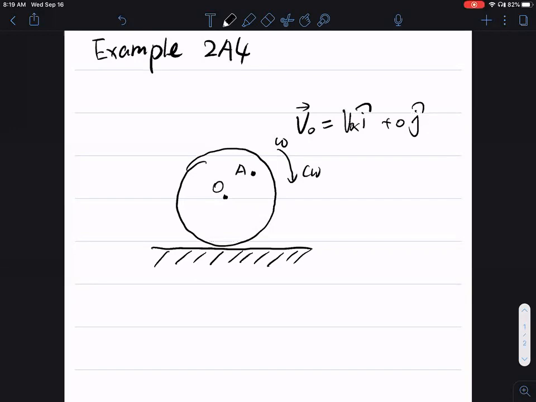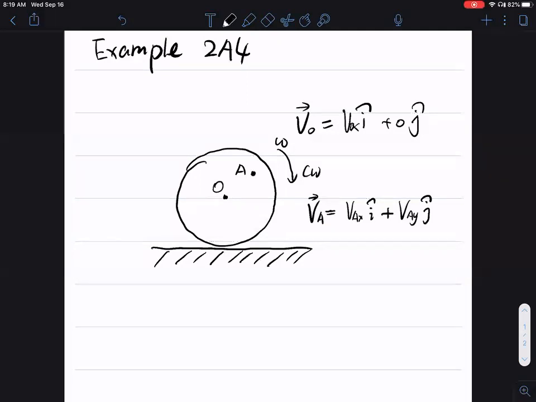But at least I know if I want to write out the velocity vector for A, it must have an I component and J component. Let's call it VAX I plus VAY J. Because A is not a special point. It's just at a random position.